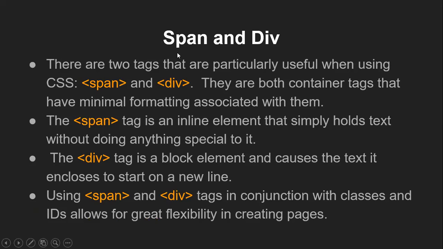Now, what is span and div? Span and div are two tags that are particularly useful when using CSS. Span and div are both container tags that have minimal formatting associated with them. The span is an inline element that simply holds text without doing anything special to it, while the div tag is a block element and causes the text to enclose it and start on a new line.